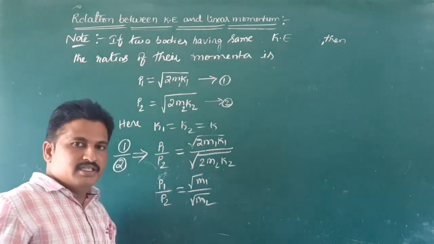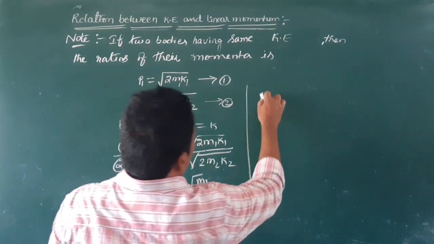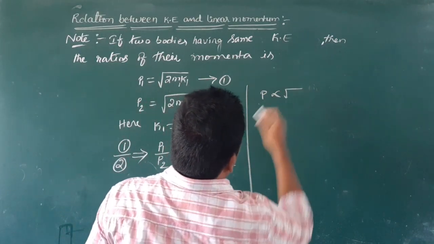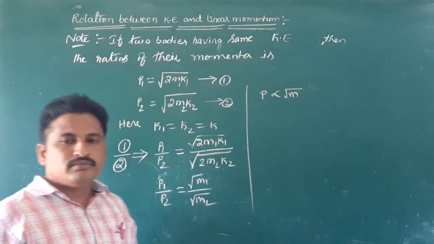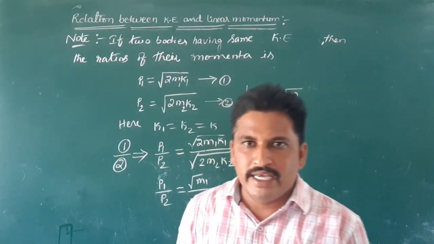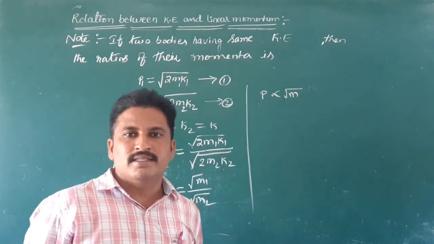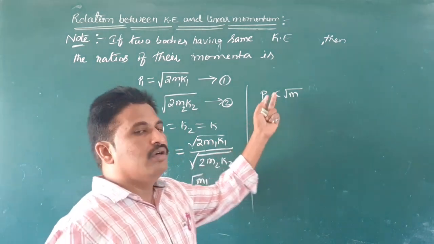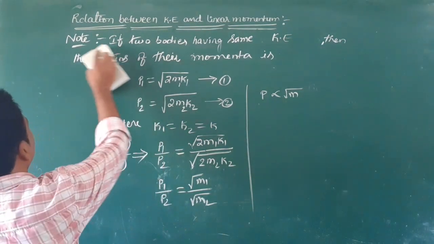Finally, we get the relation that p is directly proportional to root of mass. That means, students, if two bodies have the same kinetic energy, the one that has more mass has more momentum. Okay, students. Next.